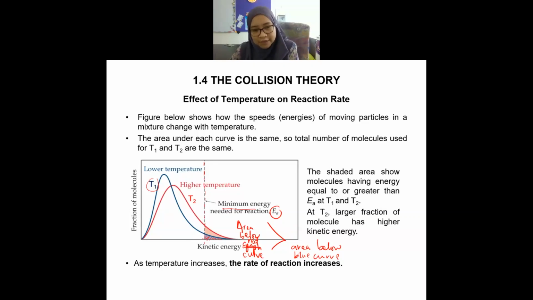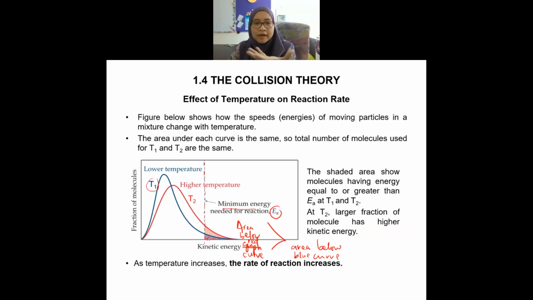Okay, so you must be able to translate. You know that the area is larger, so what is the explanation behind it? It shows that at higher temperature, the particles have extra energy. More particles, sebab more particles represent the area below the graph.